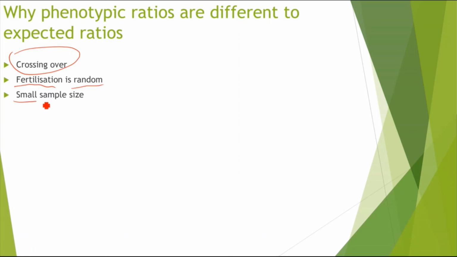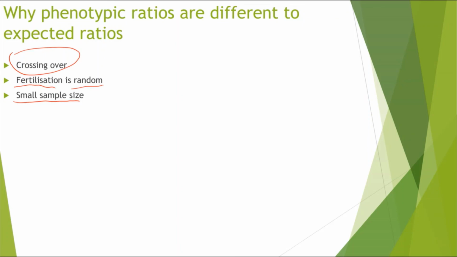Thirdly, you could say that the sample size is small. For example, looking at the last example, let's say we only have 2 offspring, and one of them has cystic fibrosis and the other one does not. That will give us a 1-to-1 ratio, but this is because we have a sample of 2. Now, if we were to look at 1,000 children, then the ratio might be different.